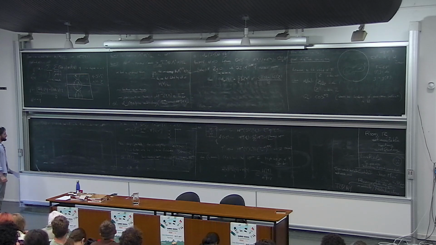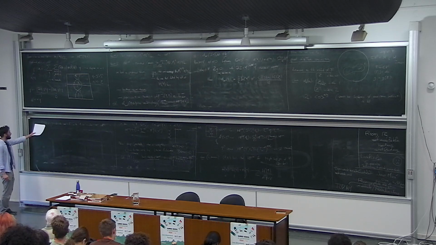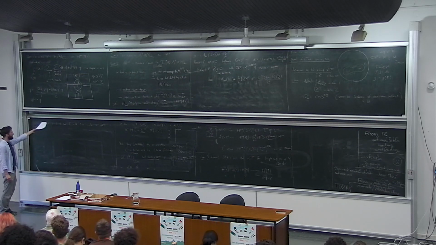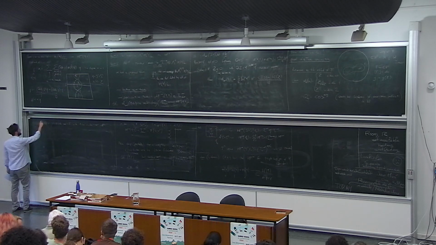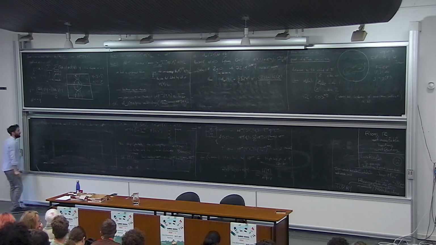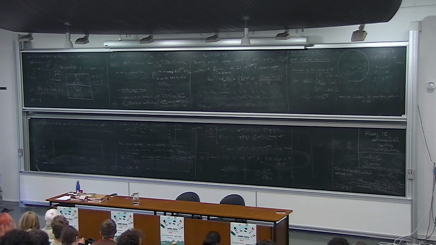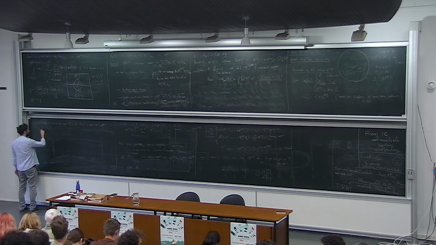I can give a handle description of N, and I can give a surgery description of this boundary, which, since it's a three-manifold, I'm going to call Y. This is pretty explicit, very explicitly.